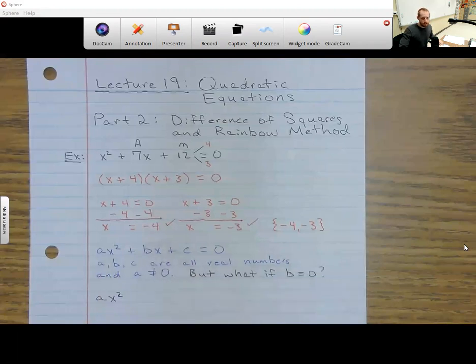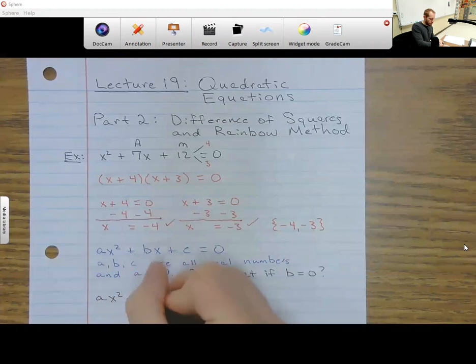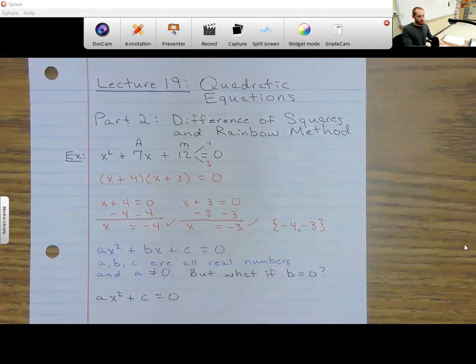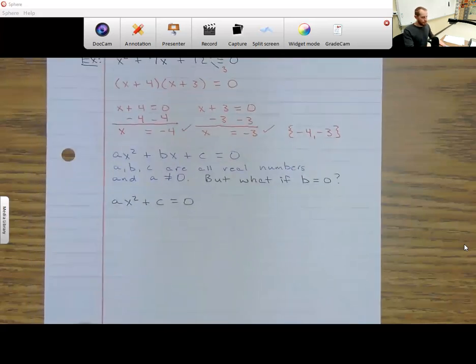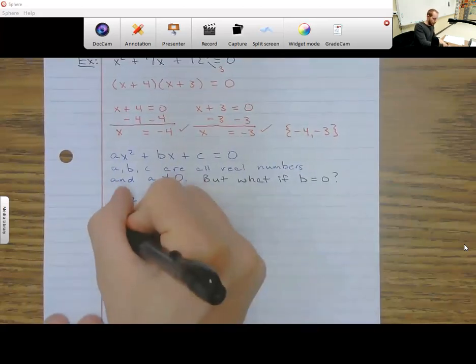So there's no bx anymore. And then you would just have plus c equals 0. So this is what would happen if b was actually 0 instead of a. You would end up with this right here. So then what would happen is you would end up with something called difference of squares.